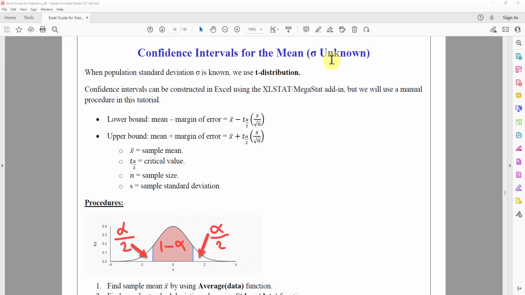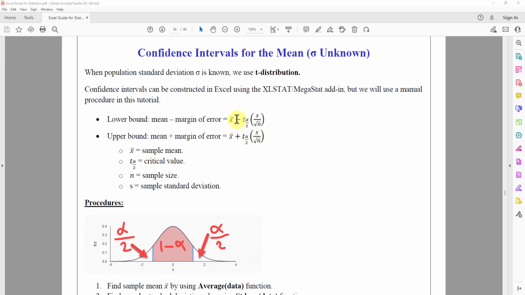If sigma is given, we use the z, as in the last section. Again, Excel has the built-in XLSTAT or MegaStat, but we will use a manual procedure in this tutorial again. For the lower bound, we get the sample mean minus the margin of error. And for the upper bound, we use the mean plus the margin of error.